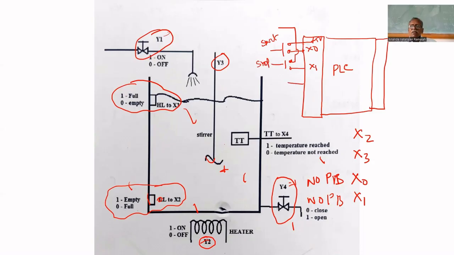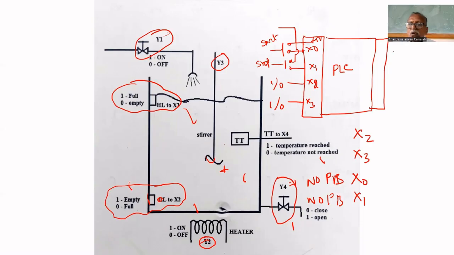The proximity switch is connected to X2, which shows 1 or 0 to indicate whether the tank is empty. X3 is also connected; it gives 1 if the tank is full, and 0 if it is not full. These are the inputs.